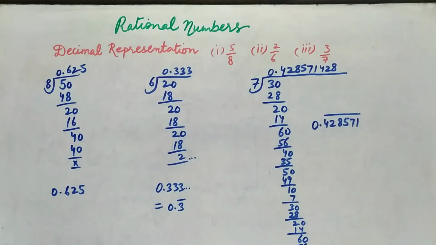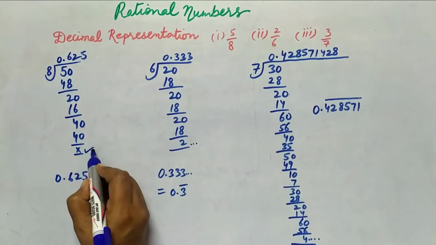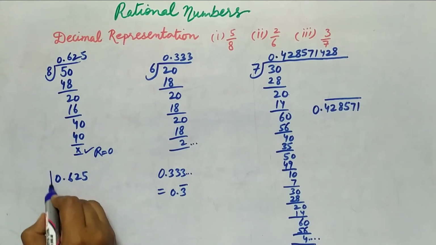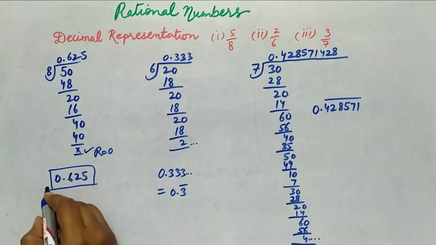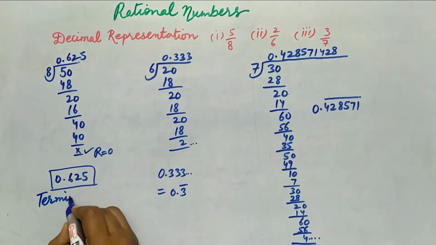Now we have done the division 3 times and all 3 answers are of different kinds. Here the answer is complete, the remainder is 0. No remainder is left. This kind of division is called terminating. It has ended.